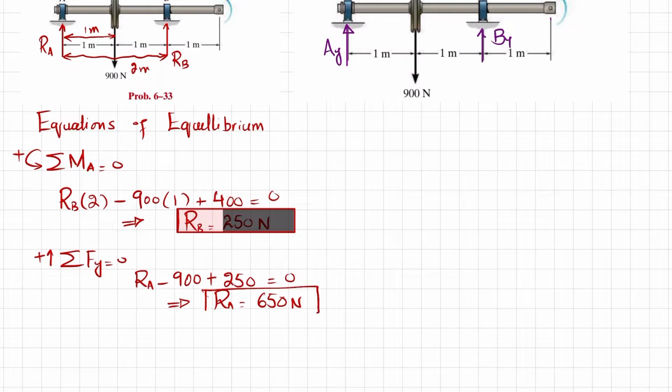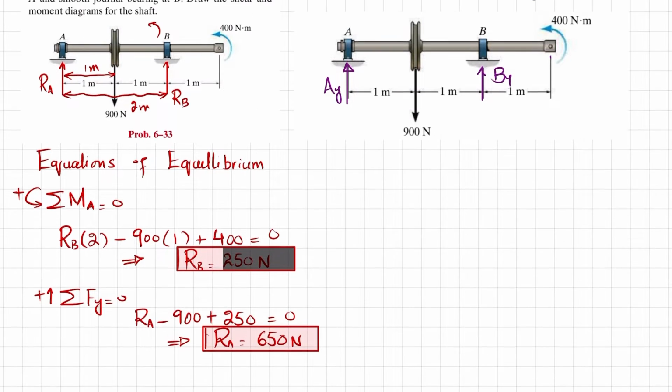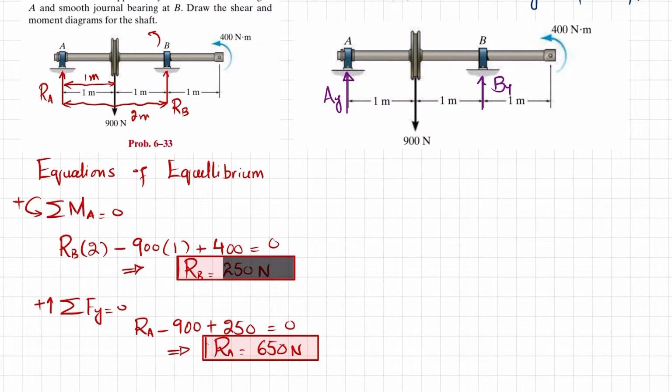Now that we have these forces, we will move toward drawing the shear force and bending moment diagrams. You can see this is the shaft. AY vertical is equal to RA, which is 650 Newton, and BY is equal to RB, which is upward, 250 Newton.